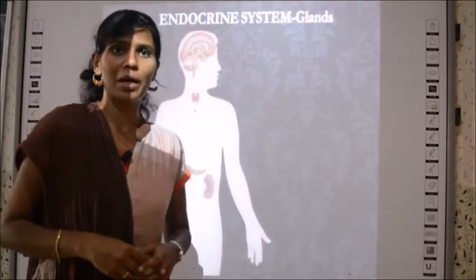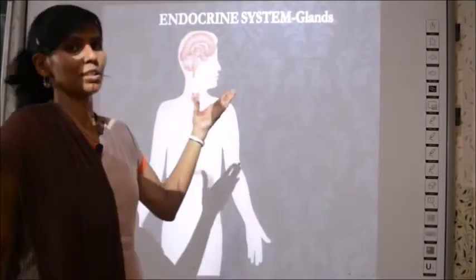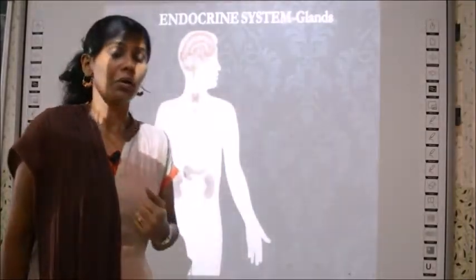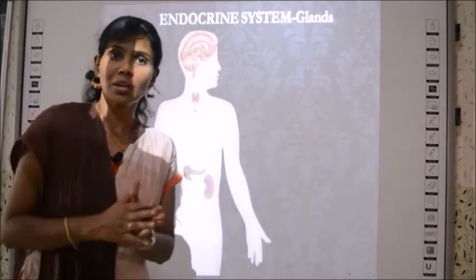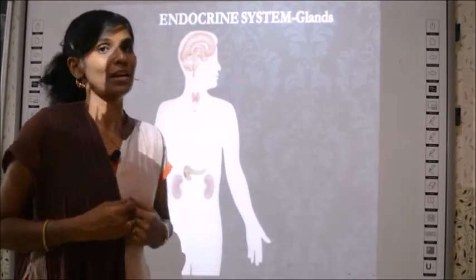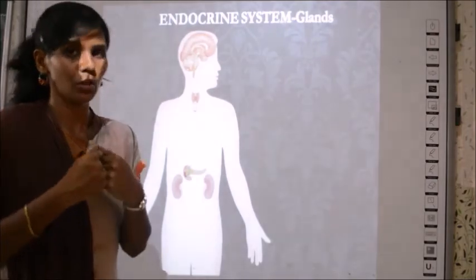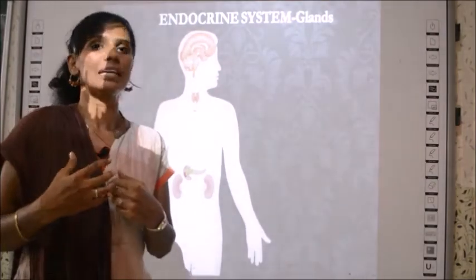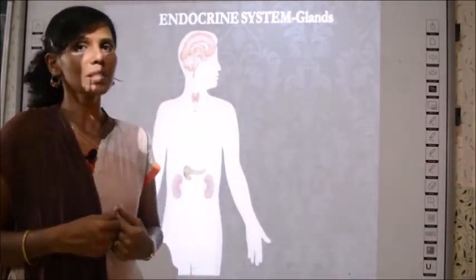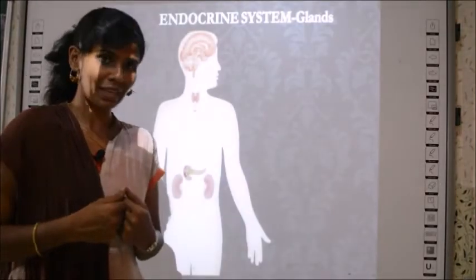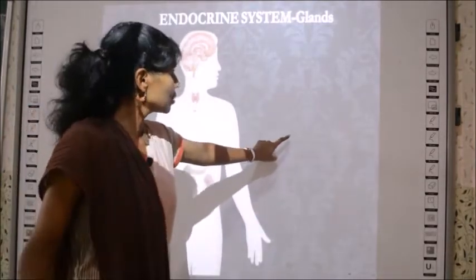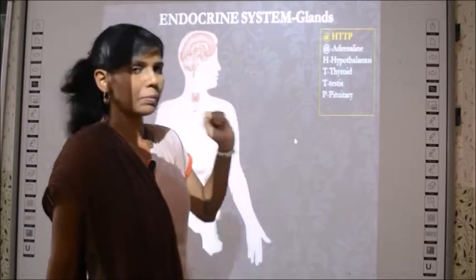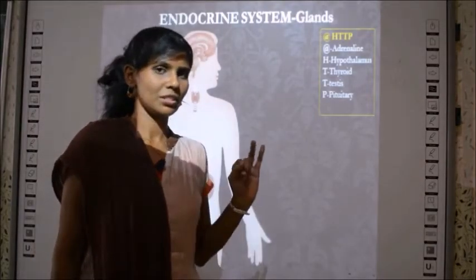Next, we learn about the endocrine system, that is the glands. What did I tell you already? The endocrine system is full of glands, and here in your textbook there are 5 glands given as examples, and to remember those 5 glands I will tell you a short trick. Just remember HTTP.